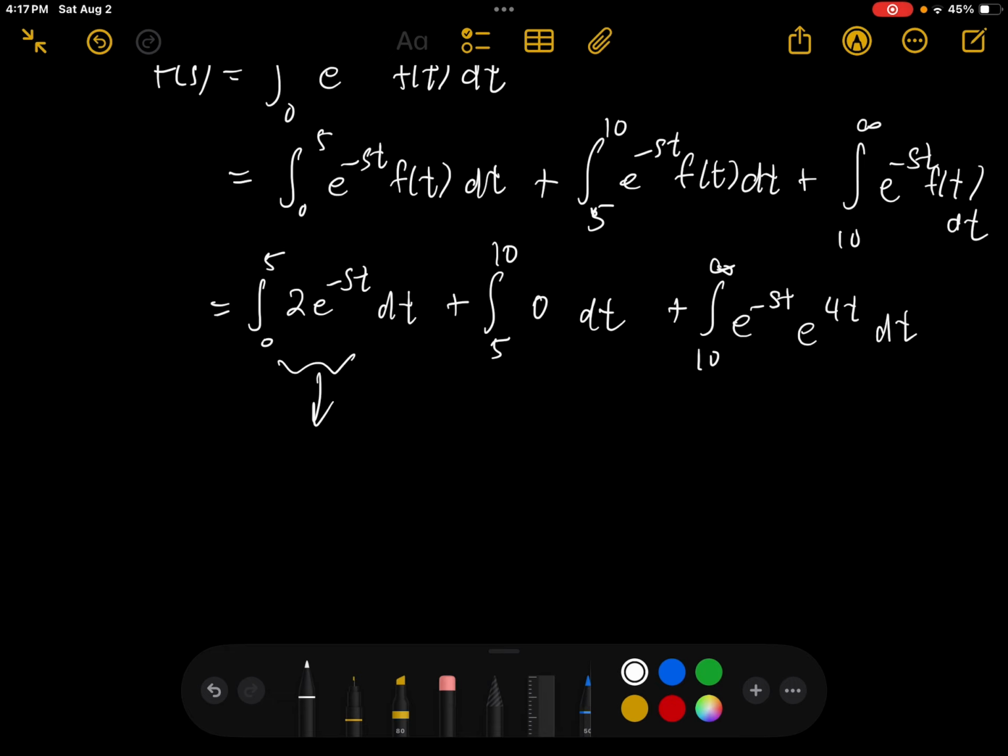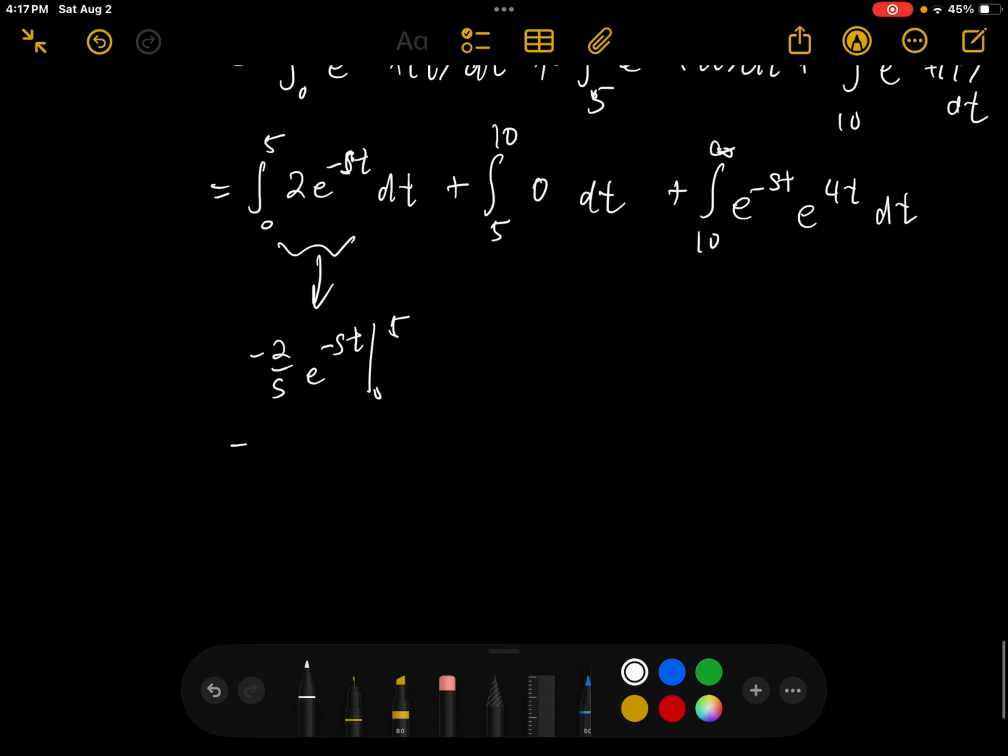So for the first integral, this is e to the minus st. That's going to give you negative 2 over s e to the minus st from 0 to 5. And that's going to give you negative 2 over s e to the negative 5s, minus negative 2 over s.